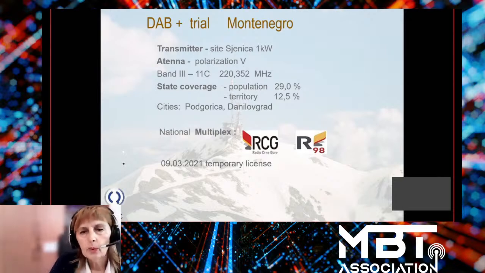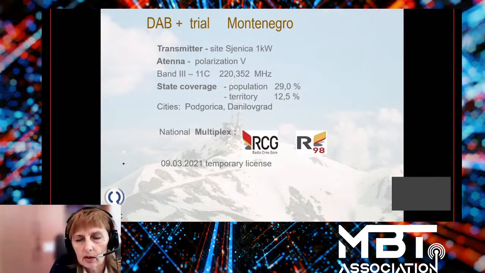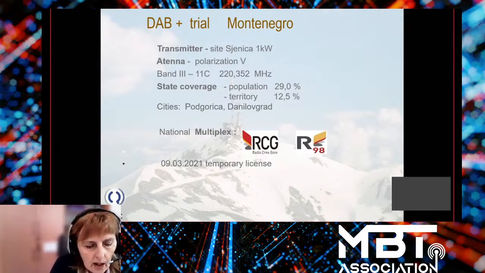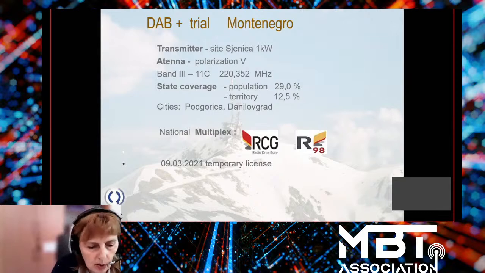We now put only 2 radio stations in this multiplex. They are the public service Radio 1 Montenegro and Radio 98. Why only 2 stations? Because we have no rule for commercial stations to be put in this multiplex.